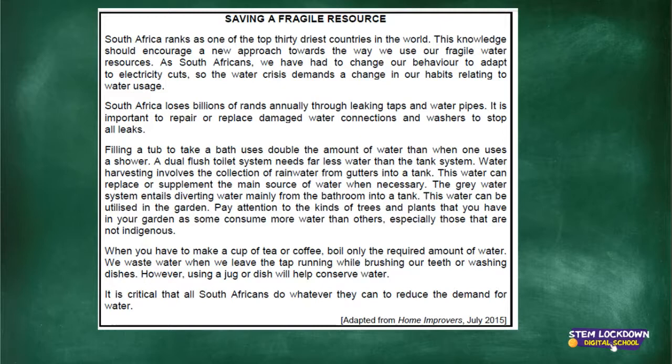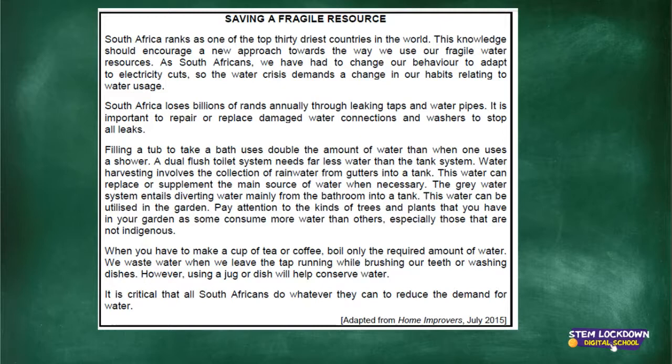Now you can go on up to the last paragraph. When you have to make a cup of tea or coffee, boil only the required amount of water. Instead of a cup of tea or coffee, what one word can we use instead of tea or coffee? Yes, we can simply use beverage.